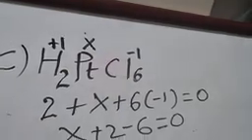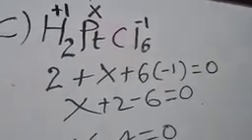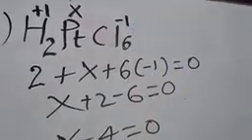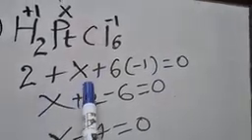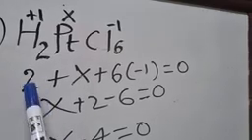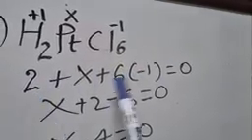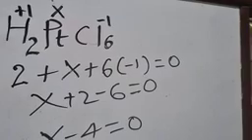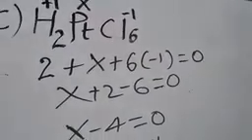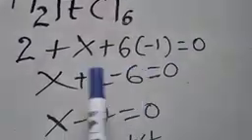The oxidation state of chlorine is -1. Then the variable comes first and the numbers are collected together, because like terms are added up in the same direction.